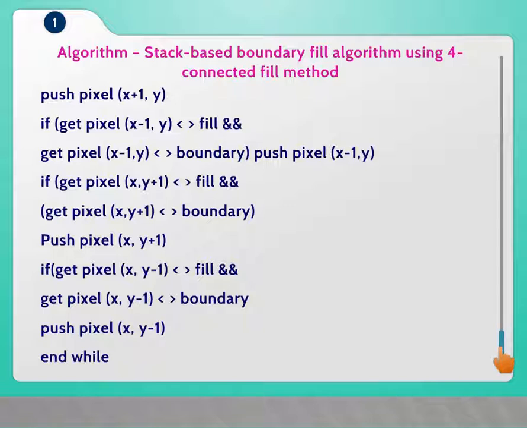If get pixel of x, y plus 1 is not equal to fill and get pixel of x, y plus 1 is not equal to boundary, push pixel x, y plus 1. If get pixel of x, y minus 1 is not equal to fill and get pixel of x, y minus 1 is not equal to boundary, push pixel x, y minus 1. End while.